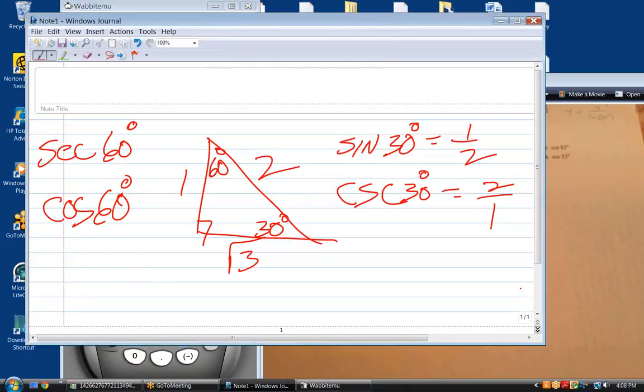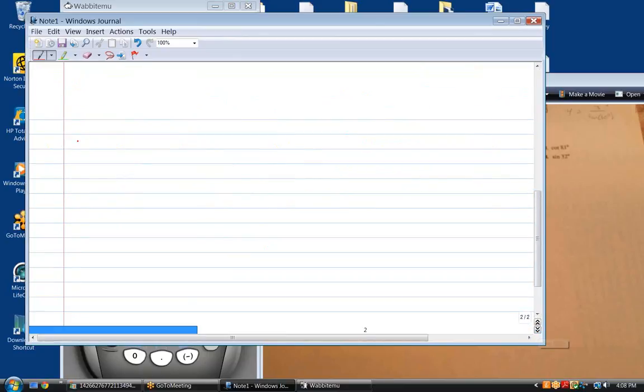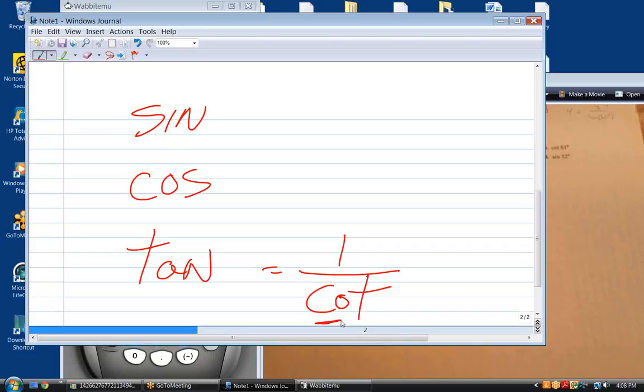Okay, let's review our reciprocal relationships. Here's our primary three: sine, cosine, and tangent. Here's the way to memorize them. What's tangent's reciprocal? Cotangent. Oh, yeah. Notice there's one co in that pair. What's cosine's reciprocal and sine's reciprocal? One of them's secant, one of them's cosecant.